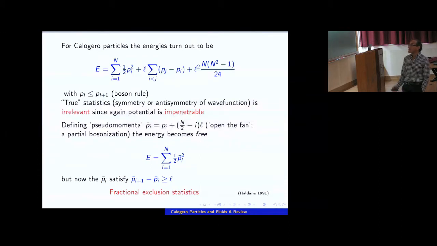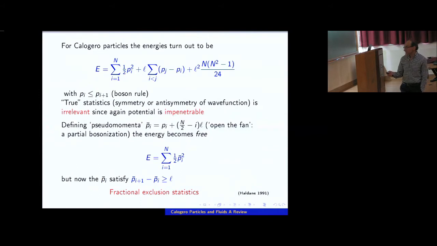The only thing is that these pseudo-momenta do not obey this bosonic exclusion rule, if you wish, but they obey this generalized rule. It tells you that they have to differ, so they are like fermionic, but they have to differ by L as opposed to 1, which would be the case for fermions. As for fermions, they would need to be at different lattice points in momentum.